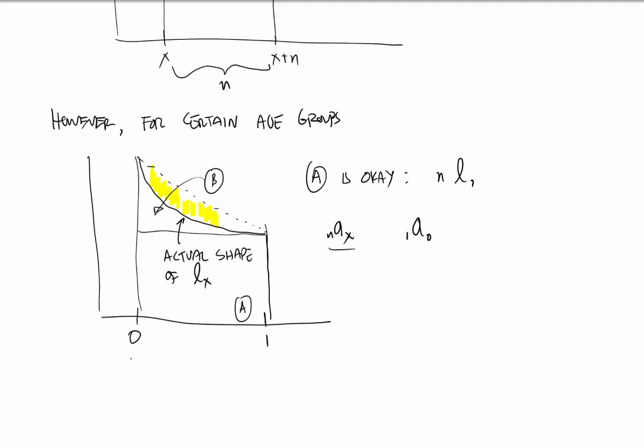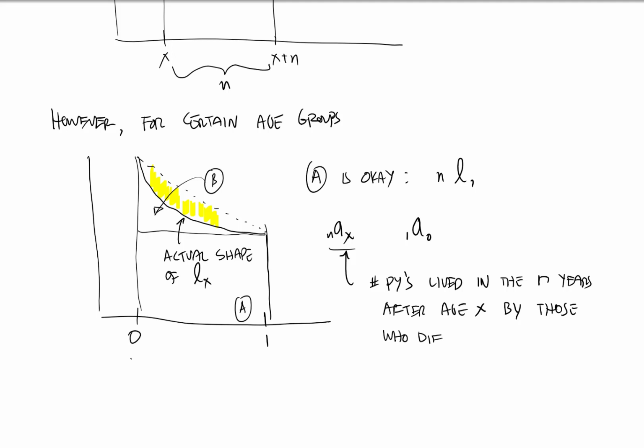But in general, it's nAx, and nAx is the number of person years lived in the n years after age x by those who died in the interval x to x plus n.